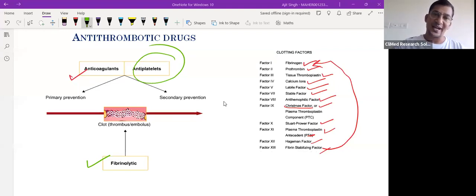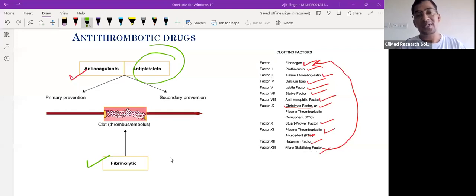Antiplatelets are always preventive medicines. You don't give antiplatelets to dissolve the clot. These are just to prevent the formation of clots, and given when we have patients with high risk of clot formation.